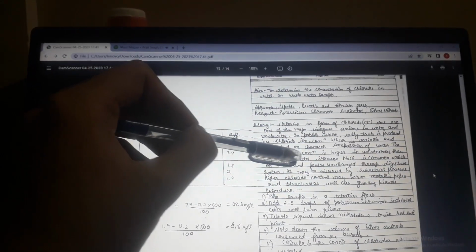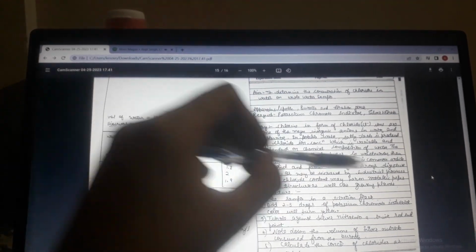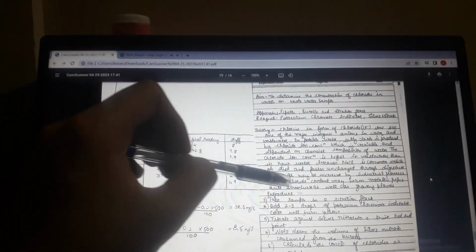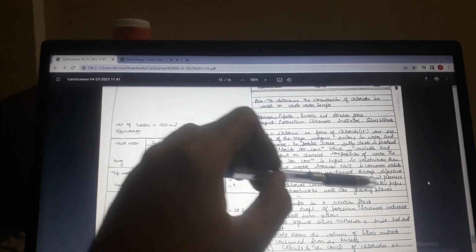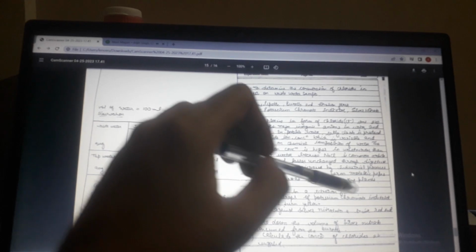The chloride ion concentration is higher in wastewater than in raw water because NaCl is a common article of diet and passes unchanged through the digestive system. It may be increased by industrial processes. A higher chloride content may harm metallic pipes and structures as well as growing plants.